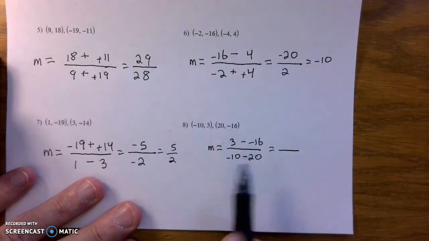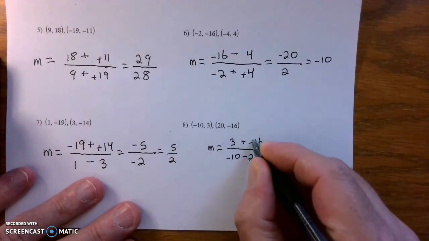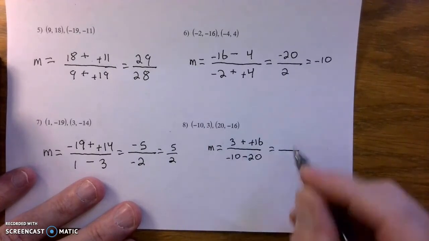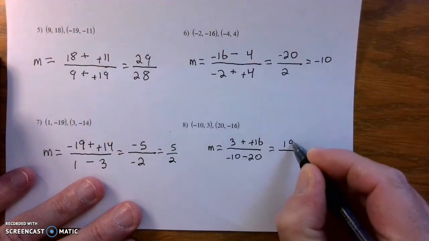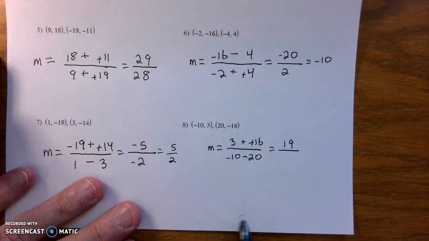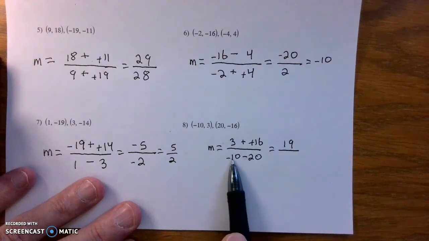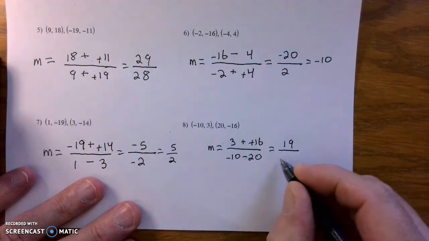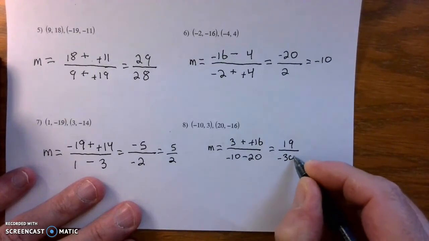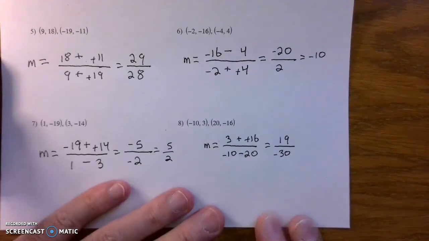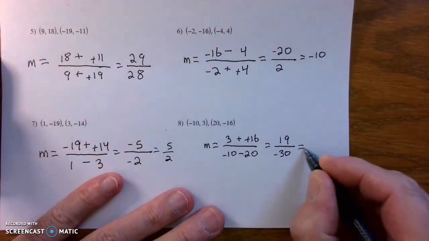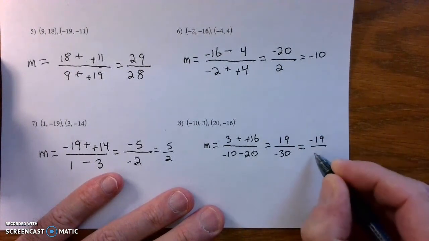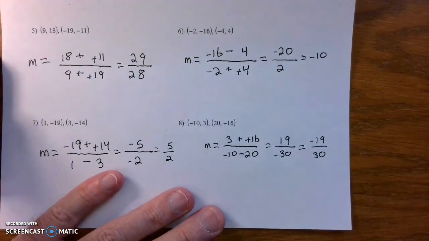Negative, negative right here. 16 plus 3 is 19. Negative 10 minus 20 more is negative 30. And that's okay, but I'm just going to write the negative on top. I can just move it up top. So it's negative 19 over 30. That's the final answer.